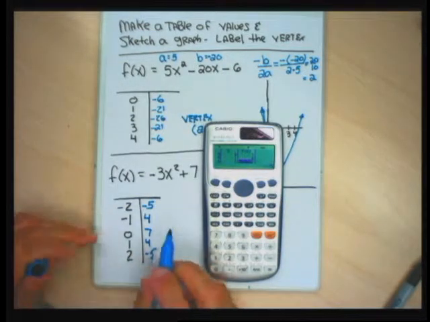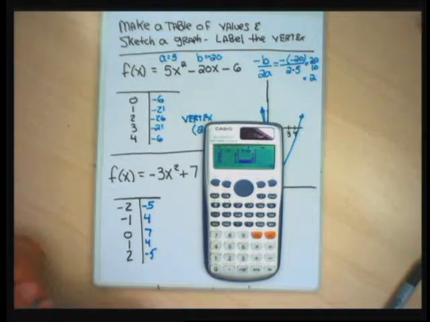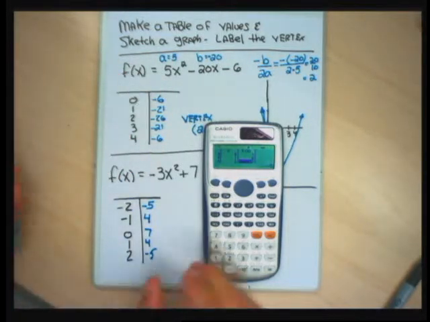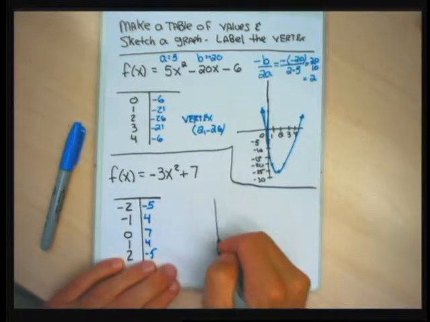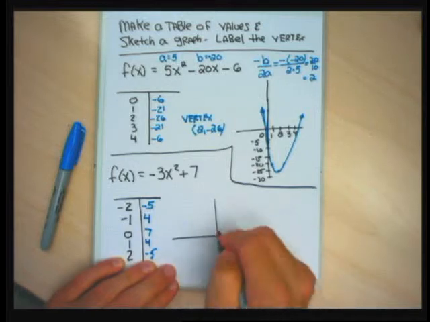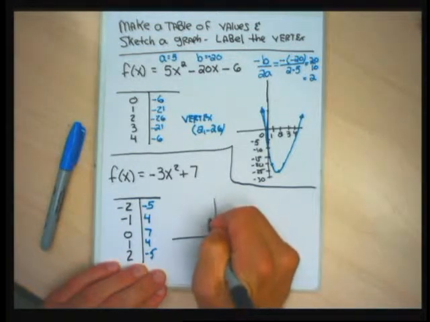And again, I can look at my y's and tell you if I picked a good starting table because of the duplication in the y's between the top and the bottom of the table. And now I'm just going to plot these the best I can. It doesn't have to be that accurate, but I can increment by ones now on both axes, I think, because I can get up there.